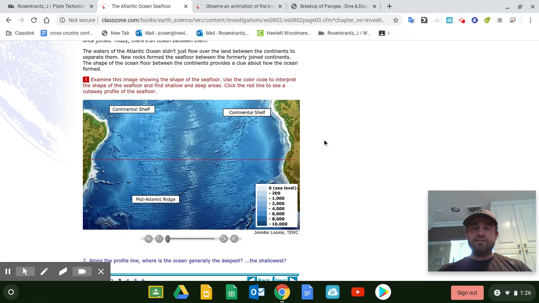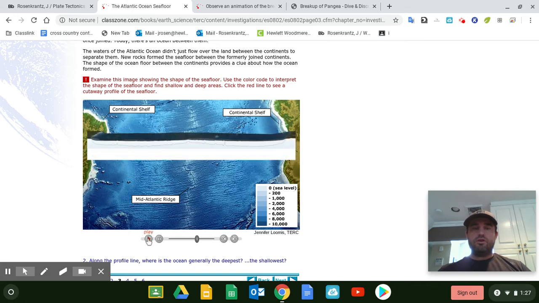So here is a profile drawn. This is South America here, and I'm going over this red line, if you could follow my cursor, to Africa. And if we map the seafloor depth, you would get the middle of the ocean to be quite high, which means the water is shallow.